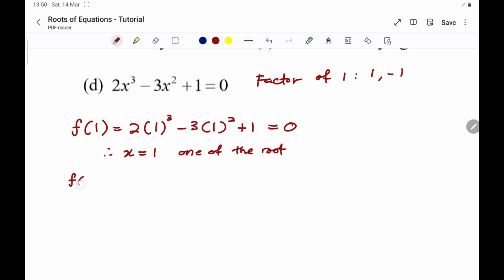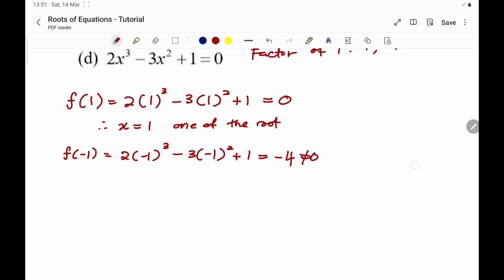Then you try with f(negative 1). Substitute. You will get equal to negative 4, so it is not equal to 0. So you only have x is equal to 1, only one of the roots right now.